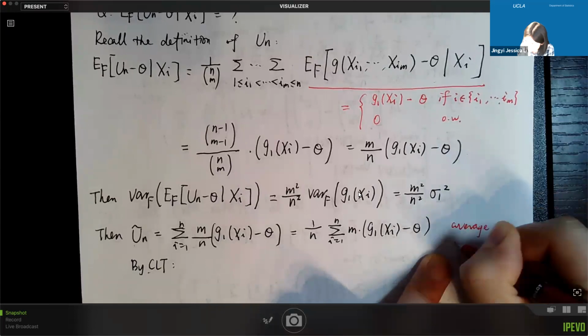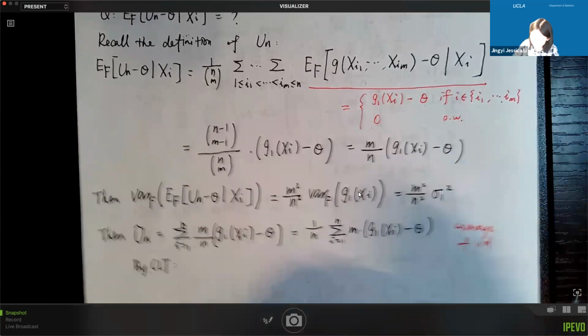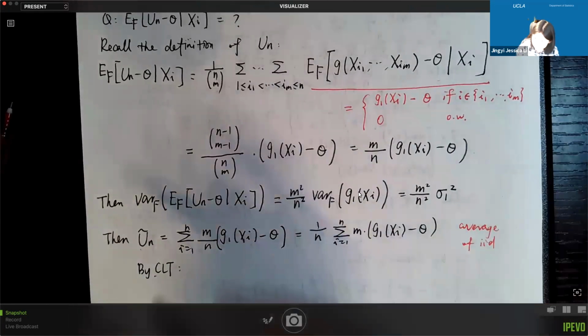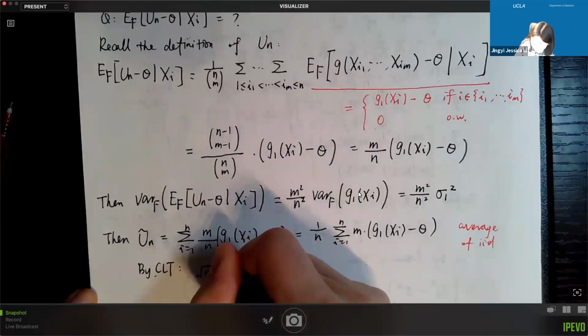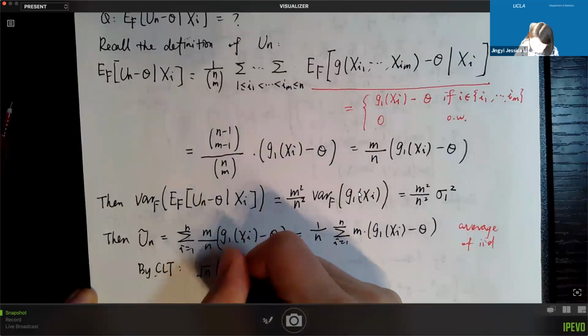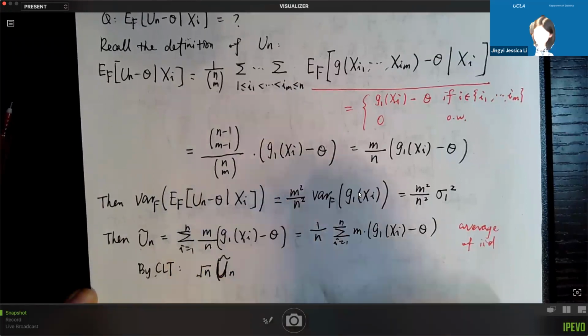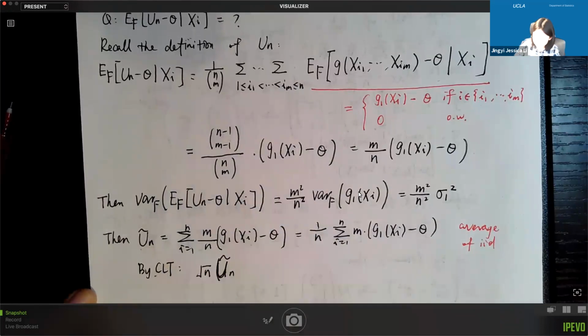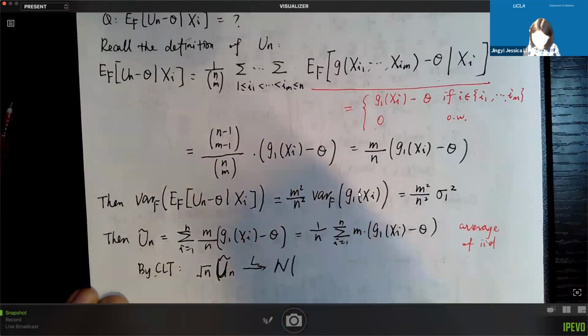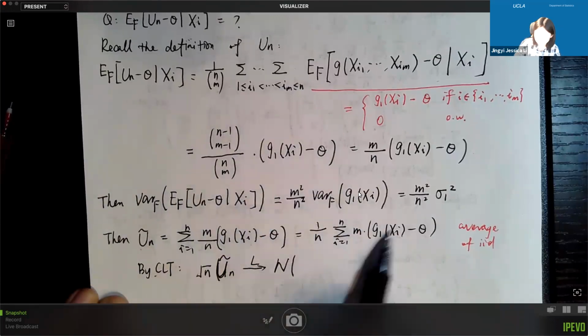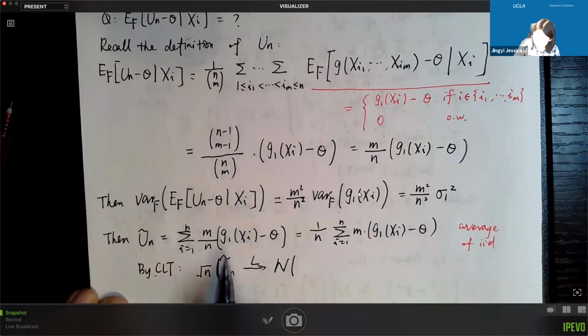Average of IID. I would have root n times Un tilde, okay? Root n times Un tilde. This will converge in law to a normal distribution because it has mean 0. I don't need to do minus 0 here.